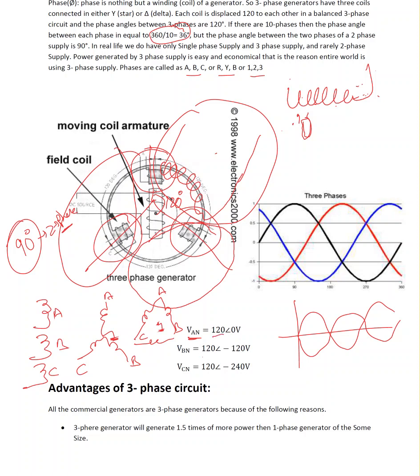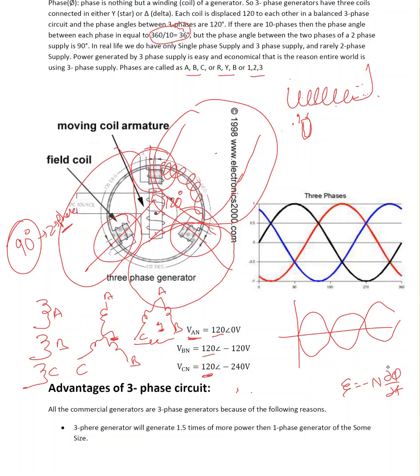Each phase is going to generate the same value because induced EMF equals, according to Faraday's law, minus N times d phi by dt. N is nothing but number of turns on each coil. So we are keeping each coil with the same number of turns.